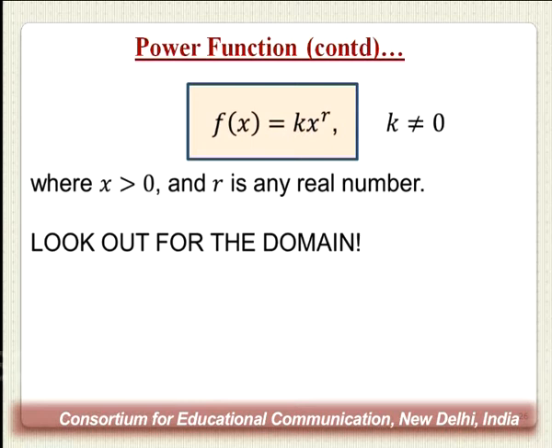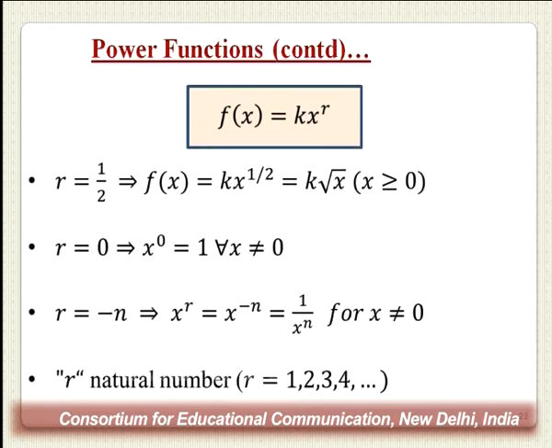I've put all these points down here step by step so that you understand. Let me walk you through these steps again, one by one. If r is any real number, you may be in a situation where r is equal to half. Now if r is equal to half, then what does your function become? It becomes k times x to the power half, or k times root x.